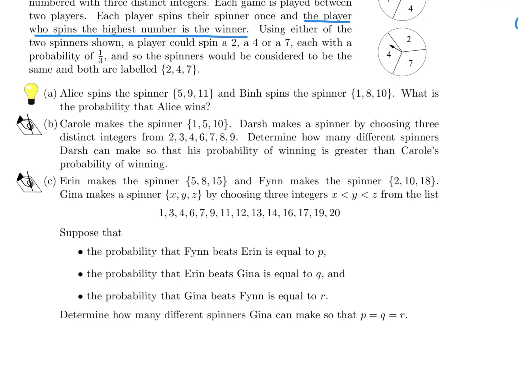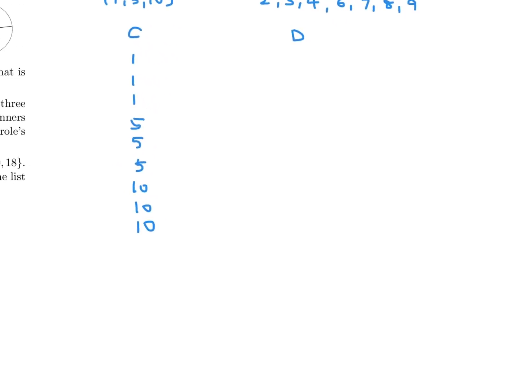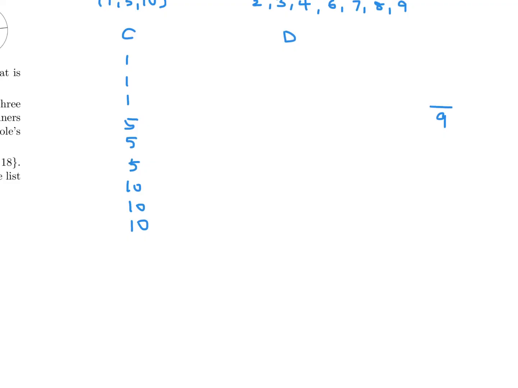So since there's 9 total, his probability needs to be greater than or equal to 5 over 9. If that's the case, it would satisfy what the question is asking.